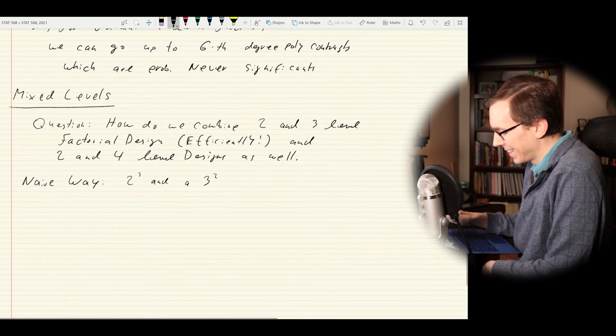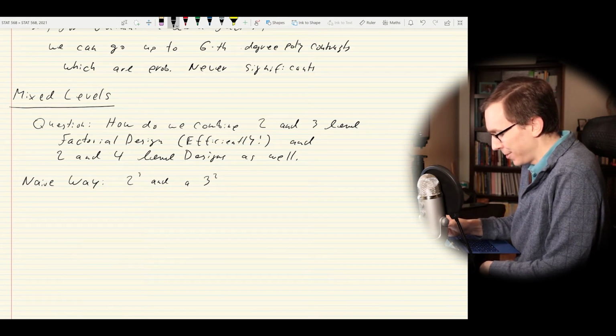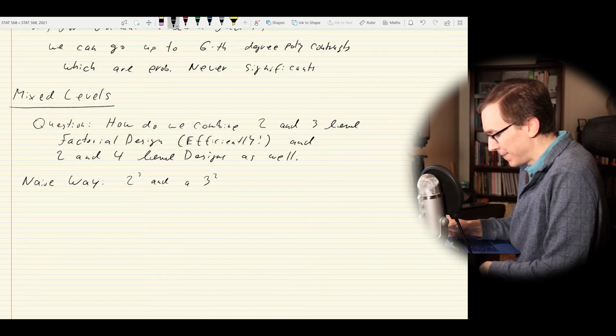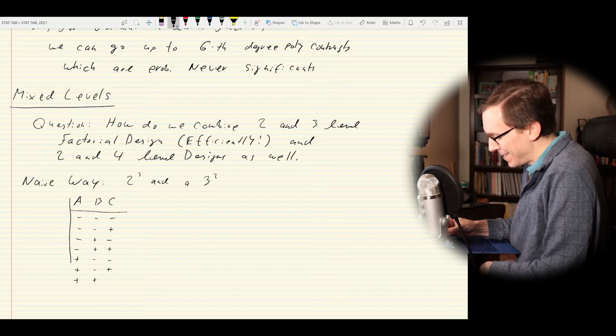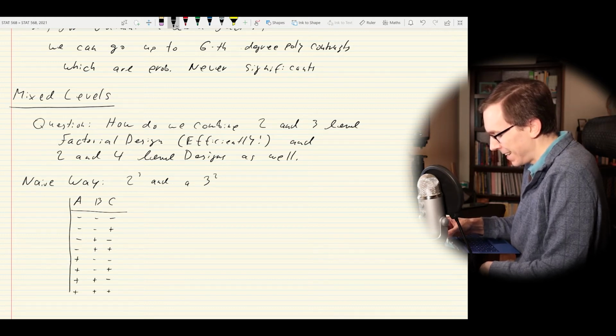If you have a 2 to the 3, you basically have something that's going to look like ABC: minus, minus, minus; minus, minus, plus; minus, plus, minus; minus, plus, plus; plus, minus, minus; plus, minus, plus; plus, plus, minus; and plus, plus, plus. Excellent. So we would basically have these 8.